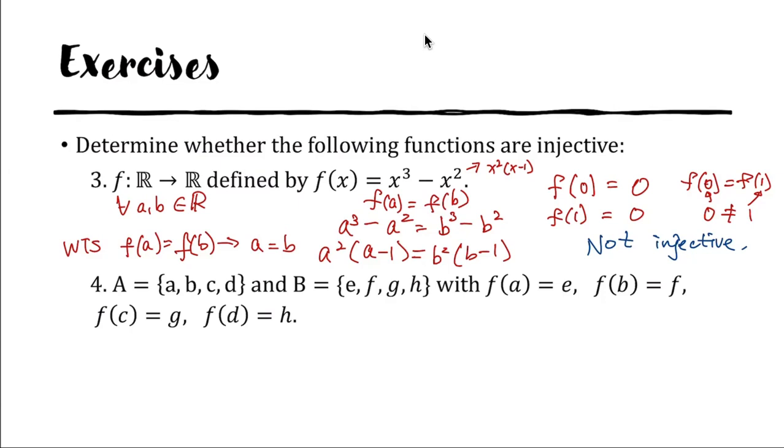Now, if you look at the next function, we have set A, which has the elements a, b, c, d, and set B is e, f, g, h, and we have a function going from A to B. Now with f(a) equals e, f(b) equals f, f(c) equals g, f(d) equals h. Is this an injective function?